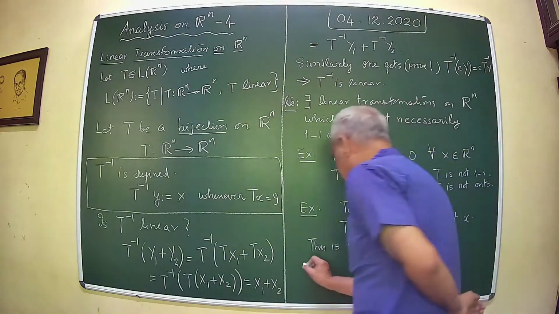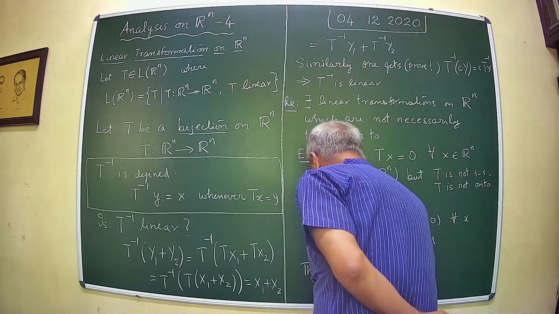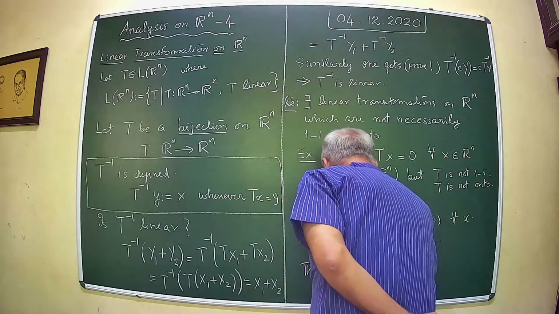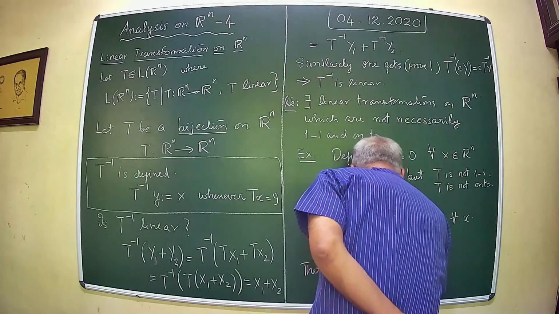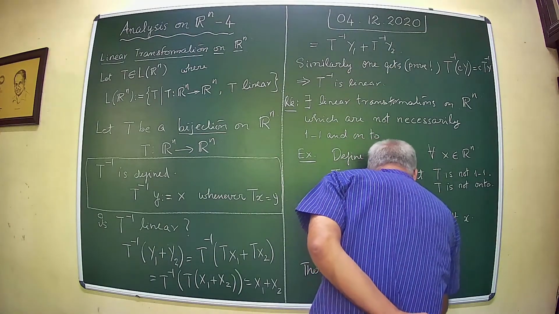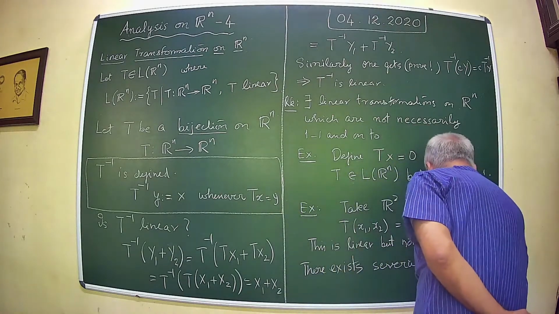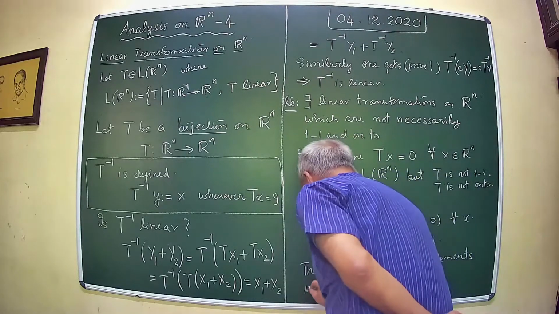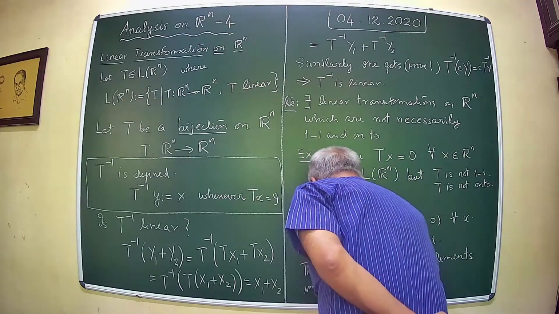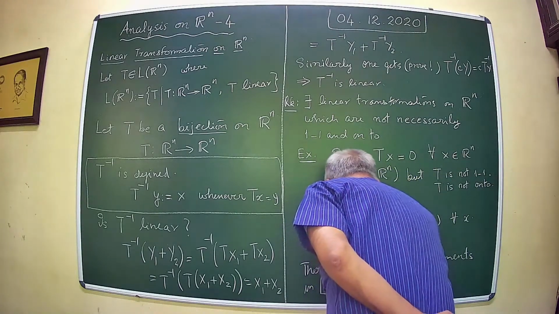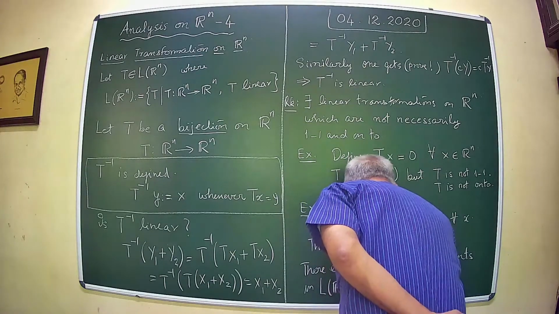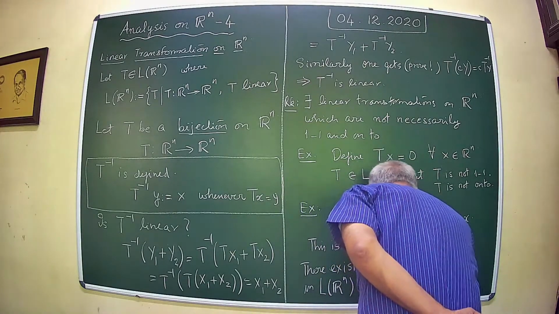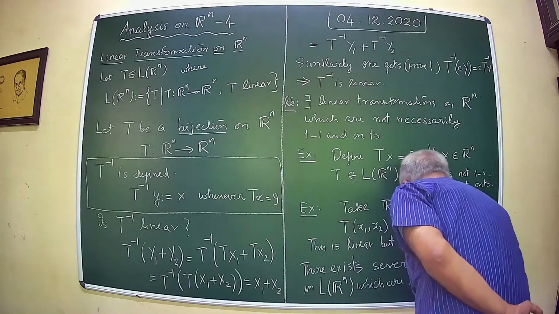So there exist several elements in L(Rn) which are not invertible.